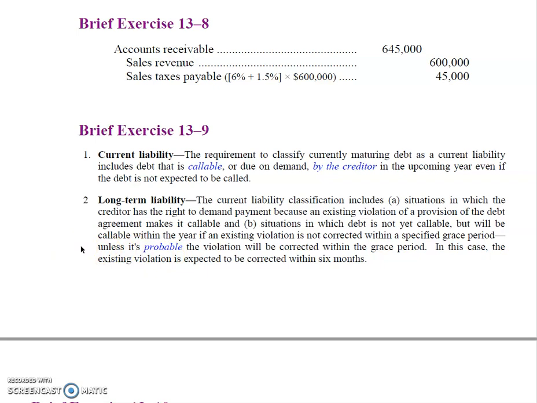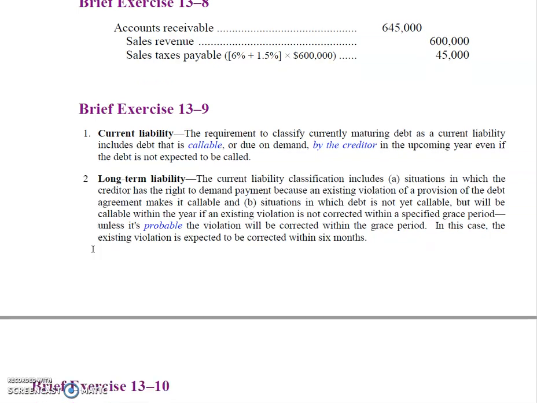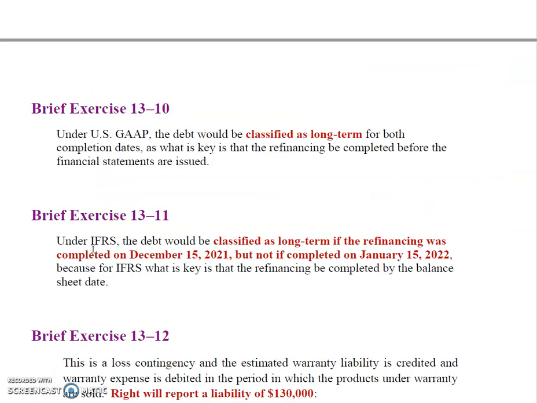So unless it's probable the violation will exist, then you don't have to reclassify it. And so they're saying both expect it to be corrected, so it is not probable that the bonds will ever become callable. Okay, let's move on to the next one.